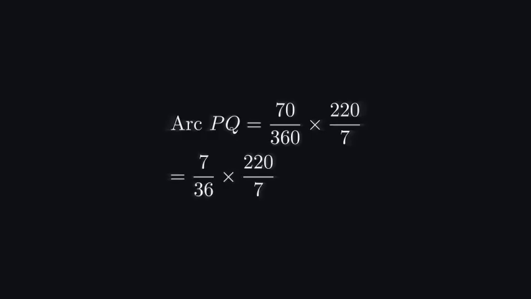This simplifies to 7 over 36 times 220 over 7, which equals 220 over 36, which is 6.1111.